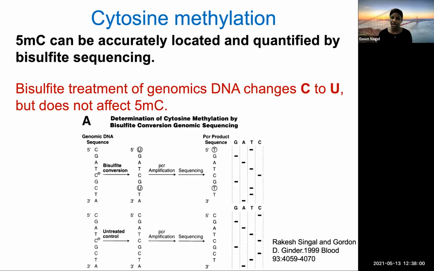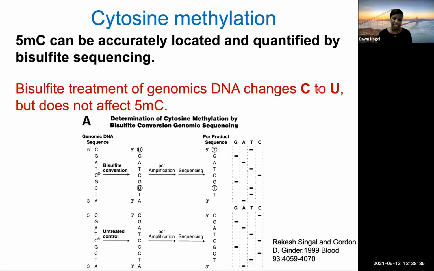So you want to look genome-wide, how methylated is the genome, depending on the organism that you're working on. And we use a method that requires isolating the entire genomic DNA and using a chemical called sodium bisulfite. Sodium bisulfite is a chemical that when you add it to your DNA, this will change your cytosine to uracil, okay?